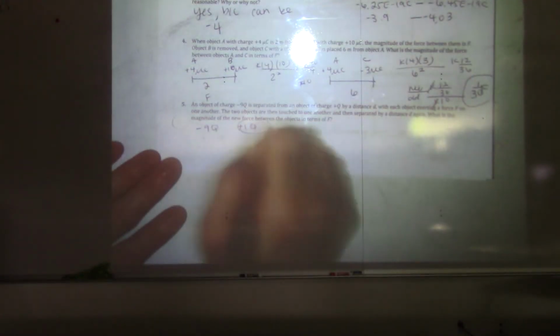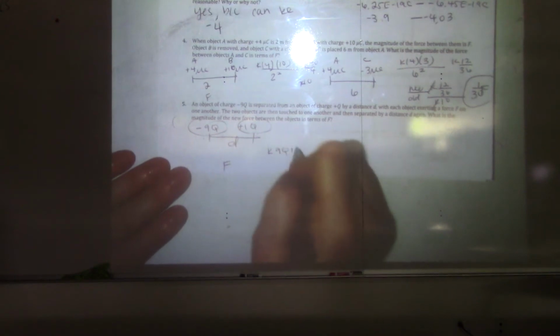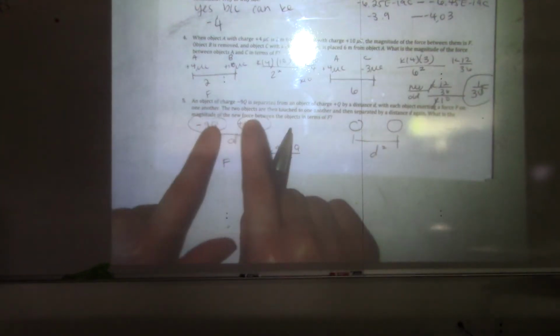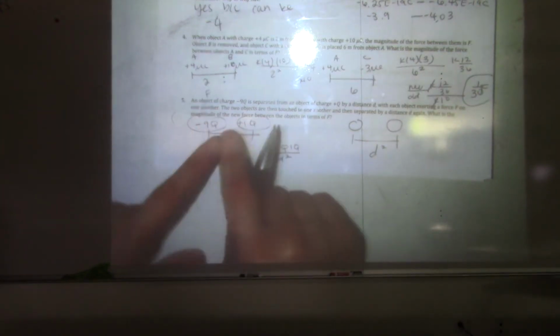Here we've got negative 9q, positive 1q, separated by a distance d. And they have a force F, so this is k times 9q times 1q over d squared. Now they touch, so right now it's negative 9 and 1. That is not going to be the case after they touch, because their total charge is going to split evenly. So if I have negative 9 and 1, that gives me a total charge of negative 8.